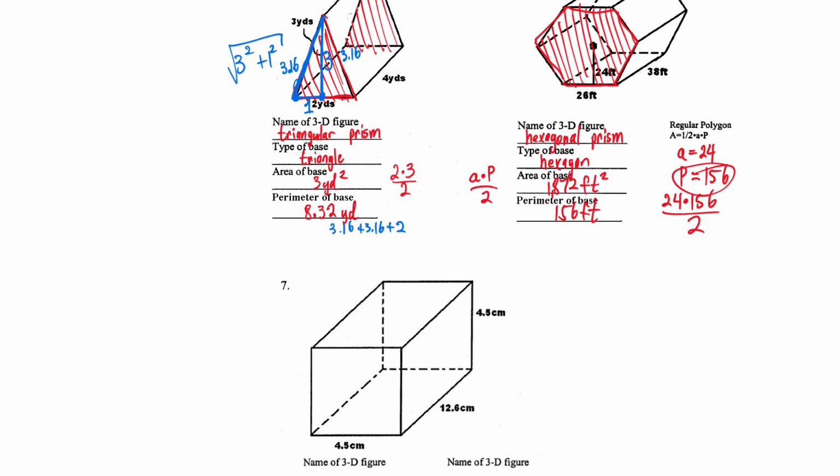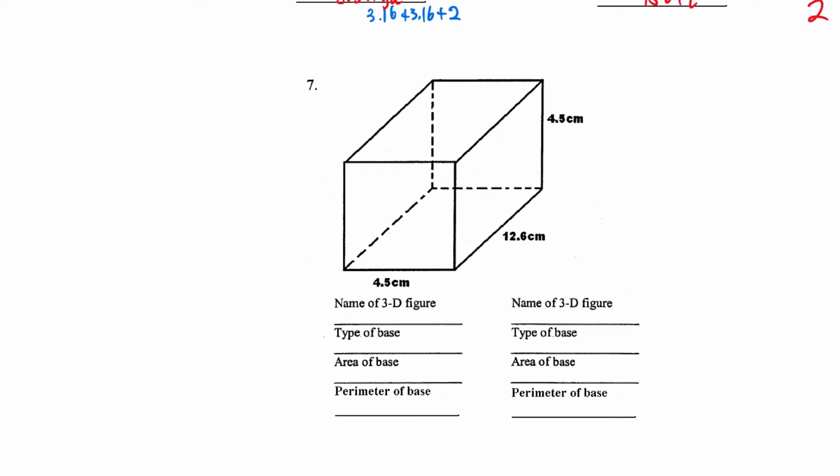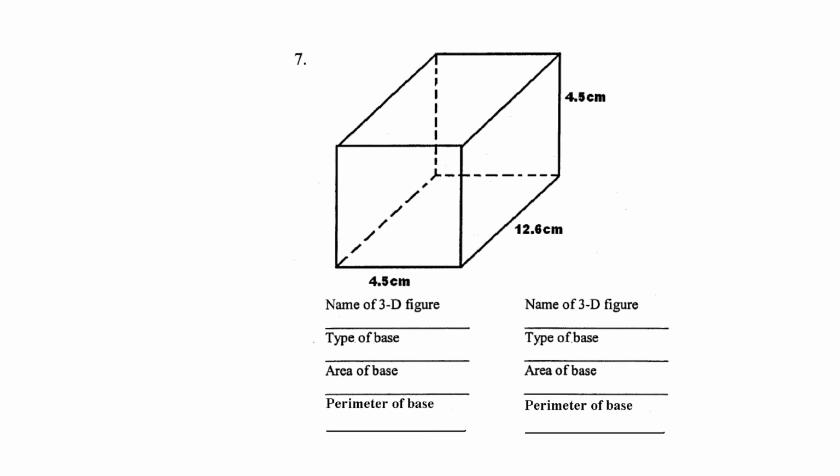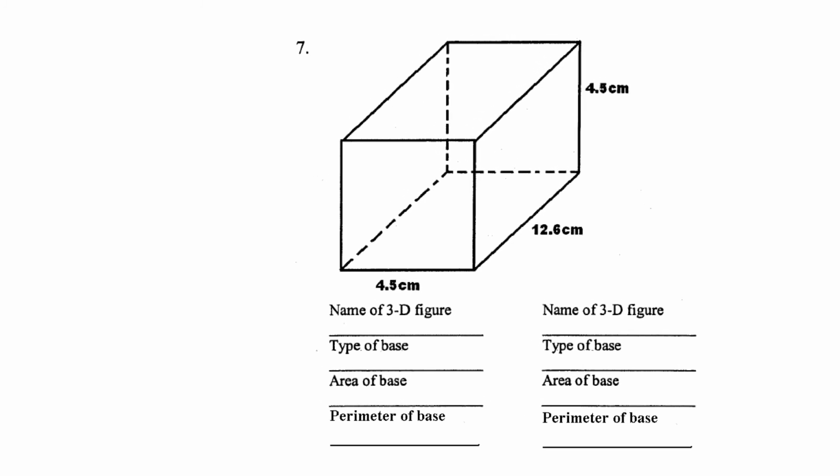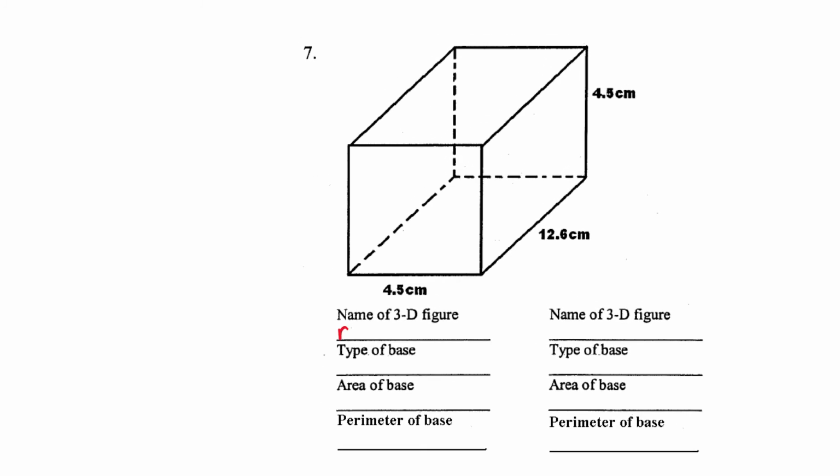Now, this one right here is the one that is kind of an exception to what we've been talking about. So what is this? Okay, this is a rectangular prism. So what shape is the base for that? Square. Okay, we're going to keep the generic term here of rectangle.